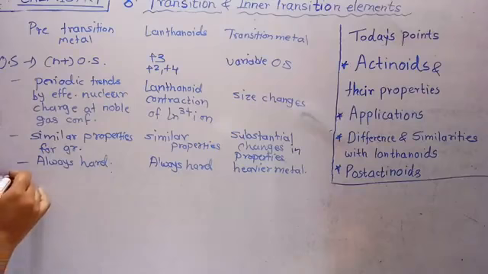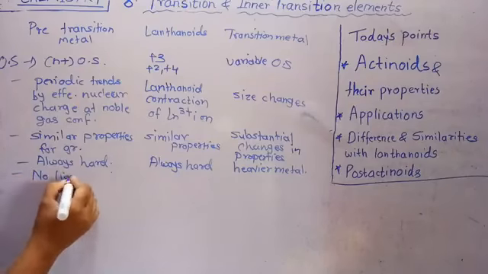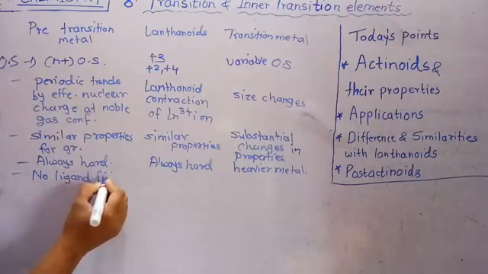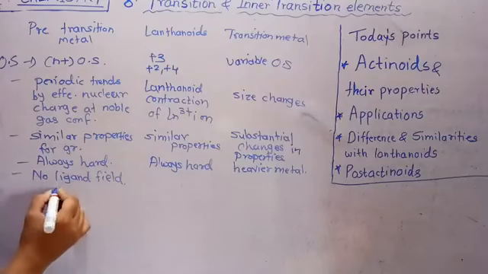The next point: ligand field effect. Pre-transition metals show only one oxidation state, +1 for group 1 and +2 for group 2. They show no ligand field effect.